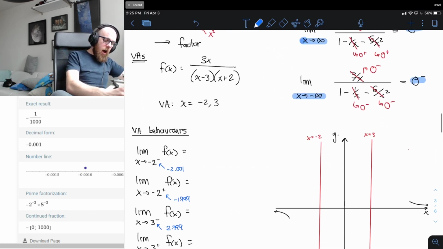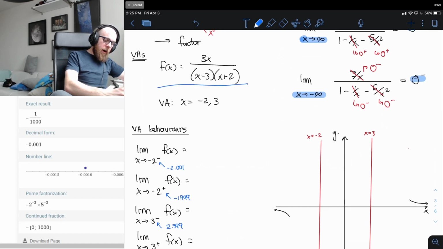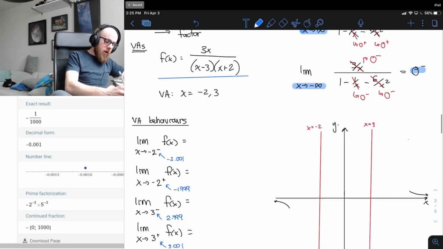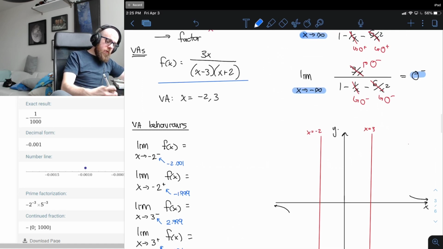Okay, so now I'm going to imagine plugging into my factored version of my function here. If I plug in -2, or something very, very close to -2, my numerator will be negative. -2 minus 3, that'll be negative. And then -2.001 plus 2 will still be slightly negative. So I get a negative over a positive, which means my function is going to approach negative infinity.